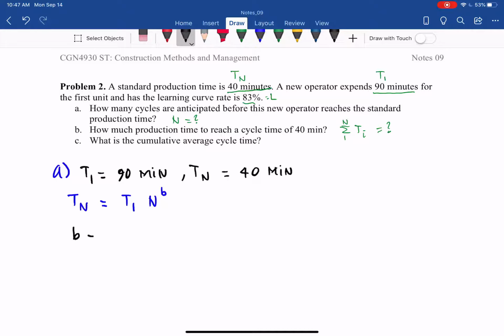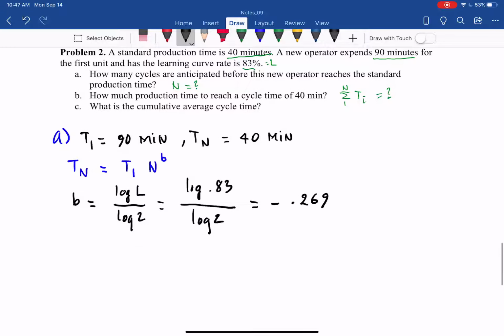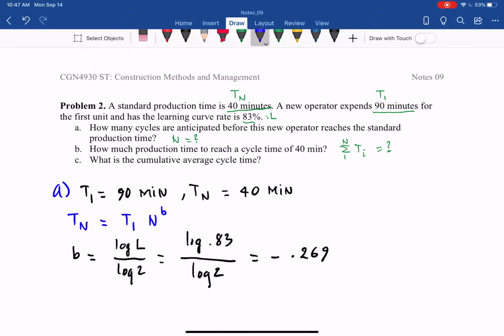So b in this case is equal to log L over log 2, that is log 0.83 over log 2, and we get negative 0.269.